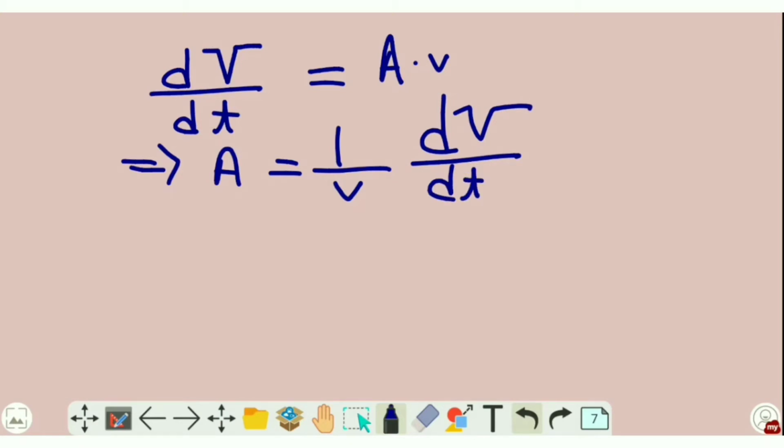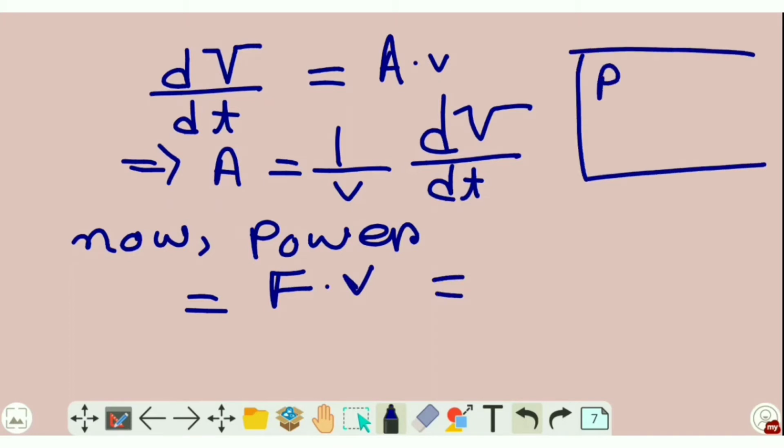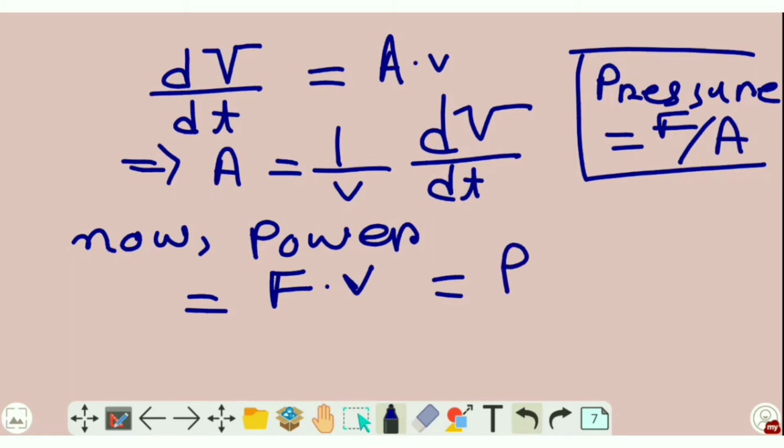Now power is equal to F into v. We all know pressure is equal to force by area, so force is equal to pressure into area.